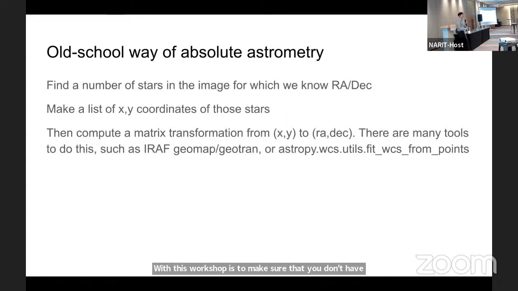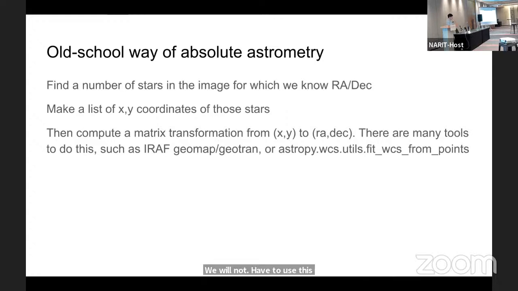But if you unfortunately have learned IRAF, which is also very useful software from the 80s that works really well, there's a package in there called GeoMap and GeoTrans that can do this work for you. More modern, preferably, we also have the AstroPy package called fit_wcs_from_points. You can look it up later. We will not have to use this, fortunately.